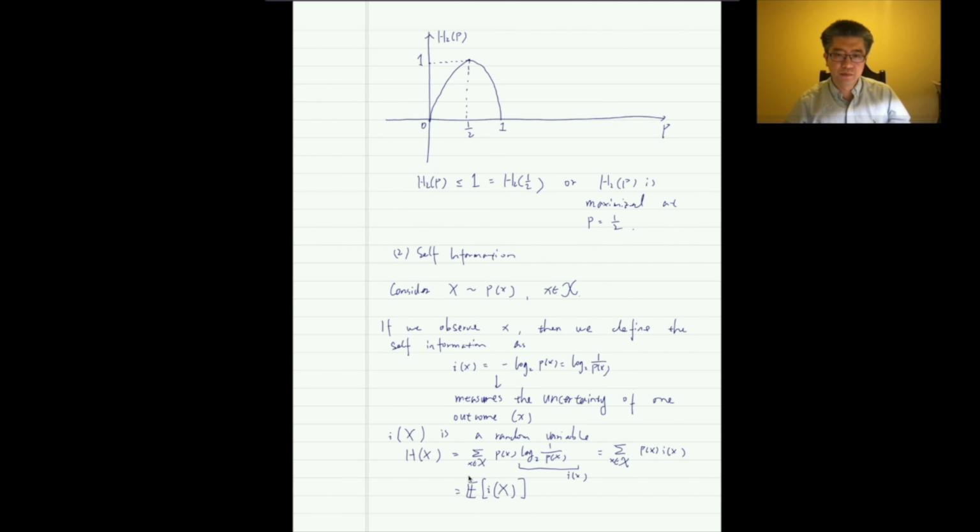In other words, self-information is a measure of the uncertainty of one outcome, while entropy measures the uncertainty of all the outcomes, or it's the average uncertainty of all the outcomes.